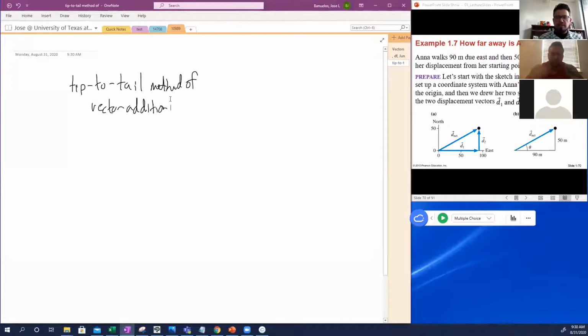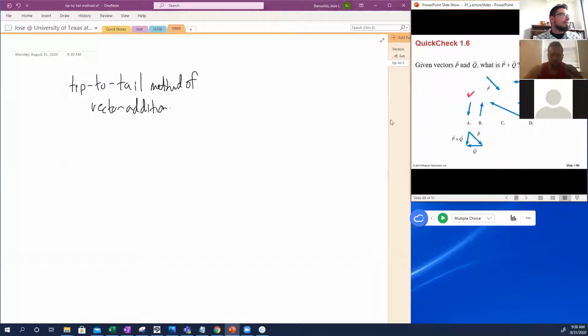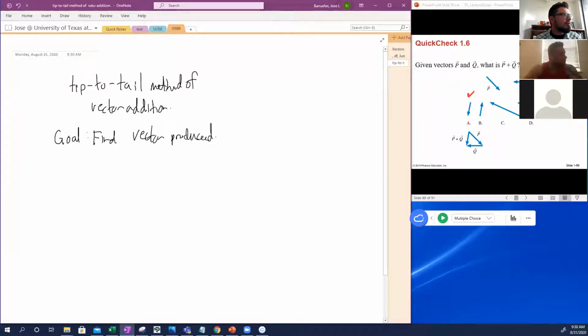So in the previous example, the goal here is to find the vector produced by adding the following: vector P plus vector Q, all right?